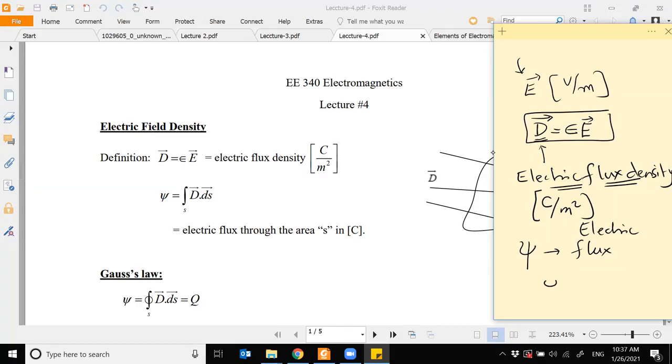The electric flux definition is the surface integral of D bar dot dS bar. That is, whatever is flowing through the cross section of a surface.